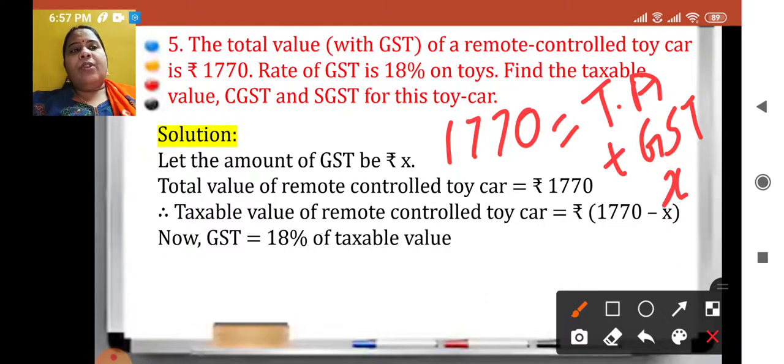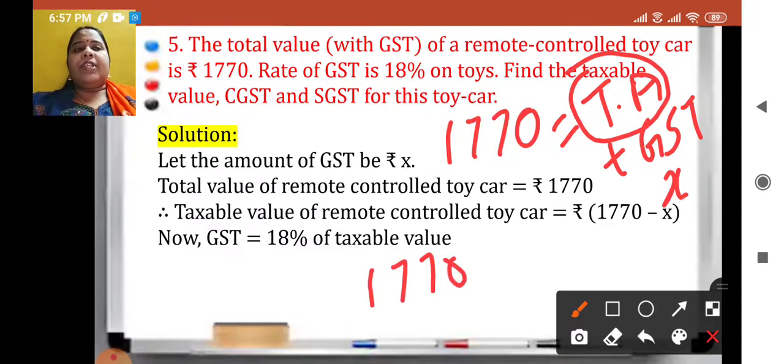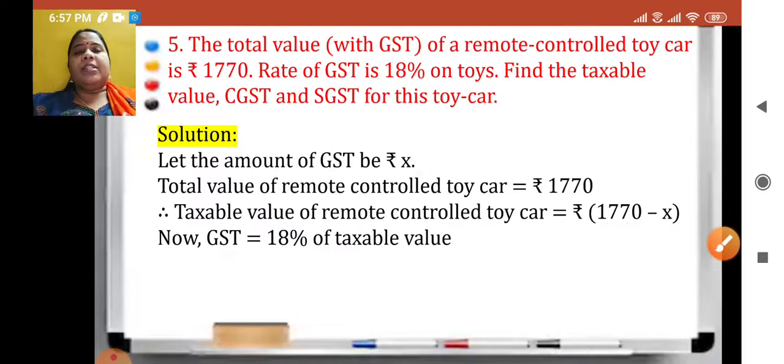Now in this I have assumed GST as X. Okay, so what will be the taxable amount here? Let that be there. This can be shifted to the left hand side. It is 1770 minus X, which is nothing but the taxable amount. I hope you are understanding it. Just see, it's the GST amount as X. Okay, the total value of the remote control car is 1770. So the taxable value will be 1770 minus X. Okay.